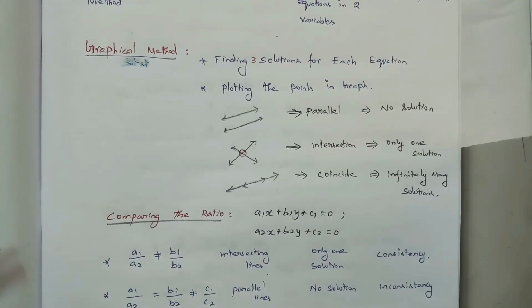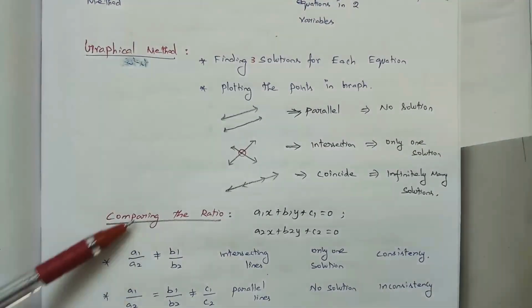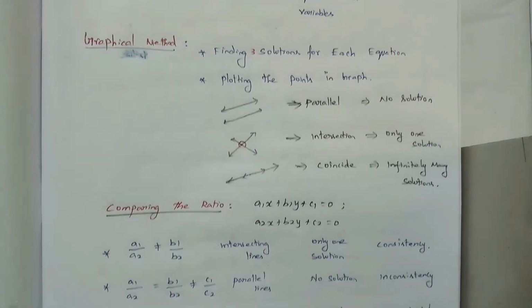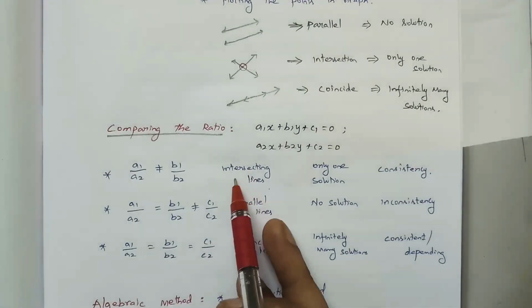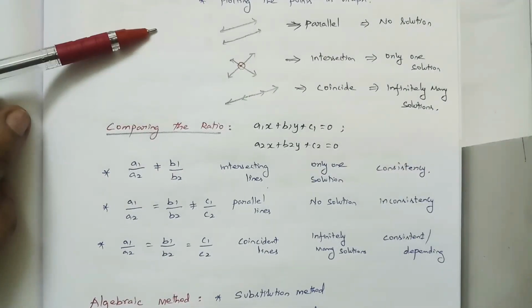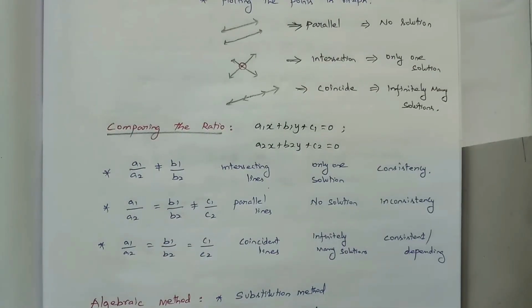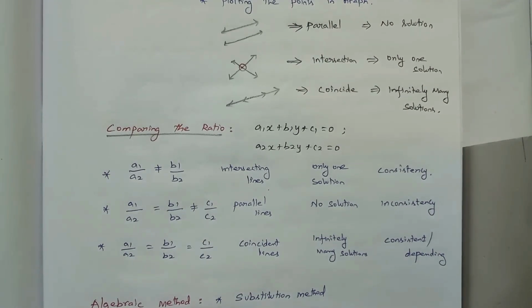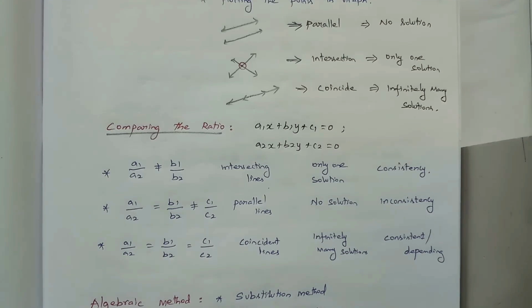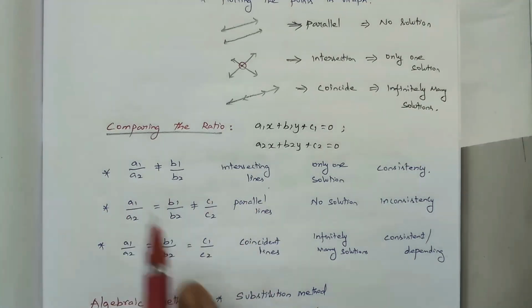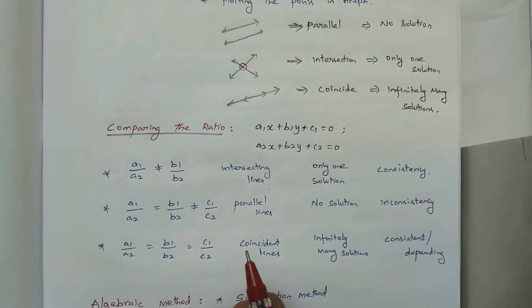Comparing the ratios. We still haven't gone to the algebraic method. By comparing the ratios, we can say how the picture will be. Above, we were finding the solutions and plotting them on the graph, and only after that could we say how the graph will be or how many solutions there are.